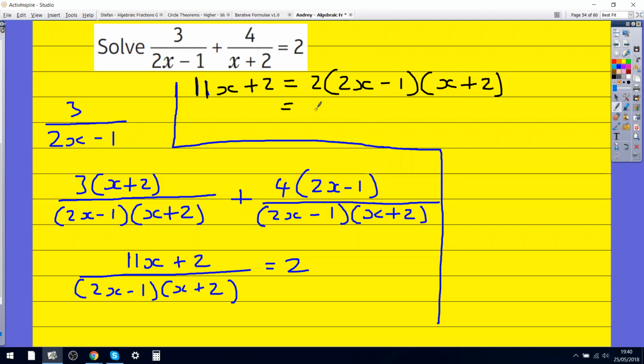So the answer would be 2x squared minus x minus 2 plus 4x, and then simplified that would be 2x squared plus 3x minus 2.